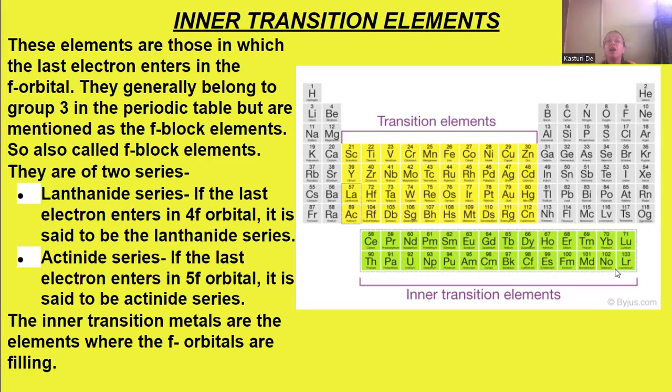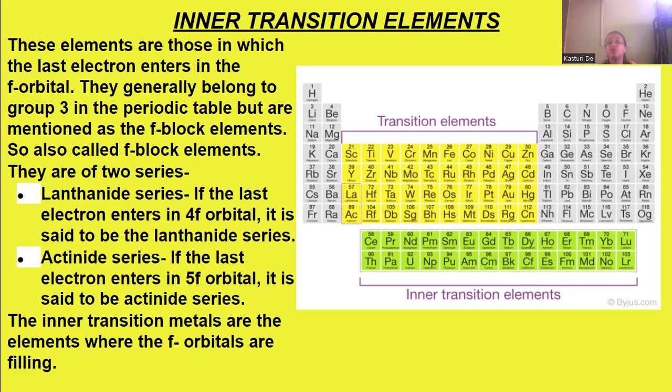Their last electron enters the f orbital. They are f block elements, with incomplete f orbitals. They generally belong to group 3 in the periodic table but are mentioned in the f block, so they are also called f block elements. There are 2 series, the lanthanide series and the actinide series.